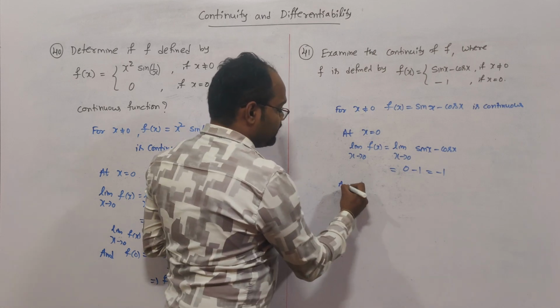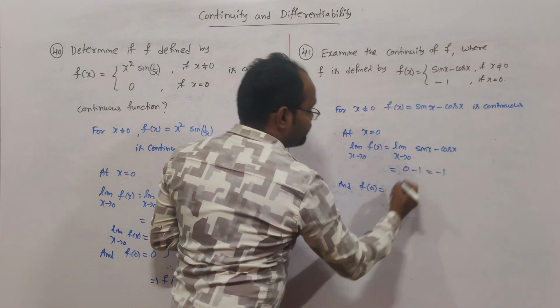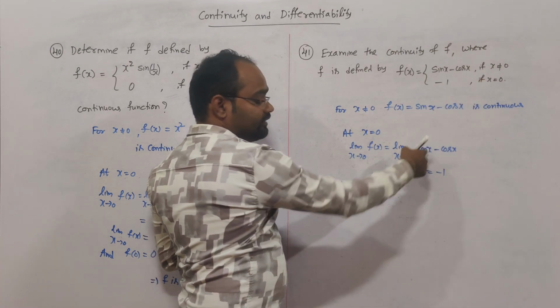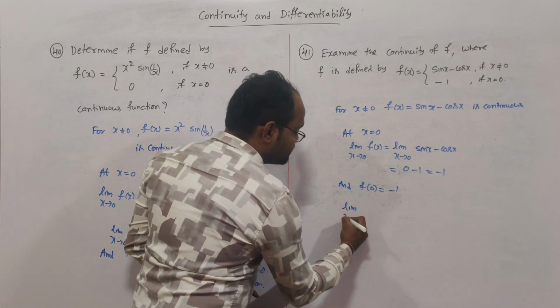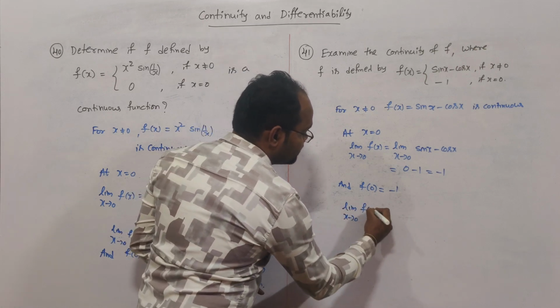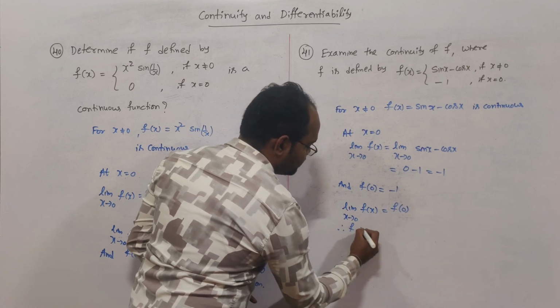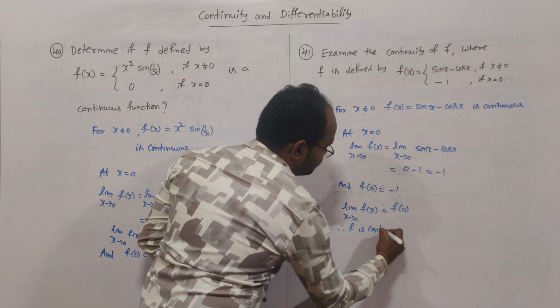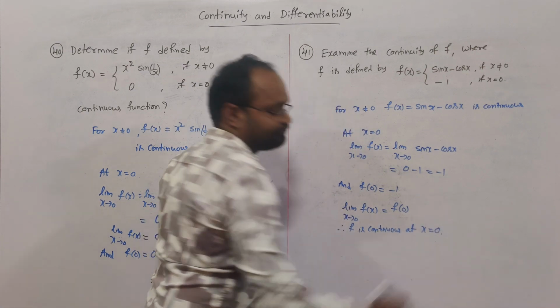And the functional value, f of 0, they have given that when x is equal to 0 it is minus 1, so both are equal. So therefore limit as x tends to 0 of f of x is the same as f of 0, therefore f is continuous at x equal to 0 also.